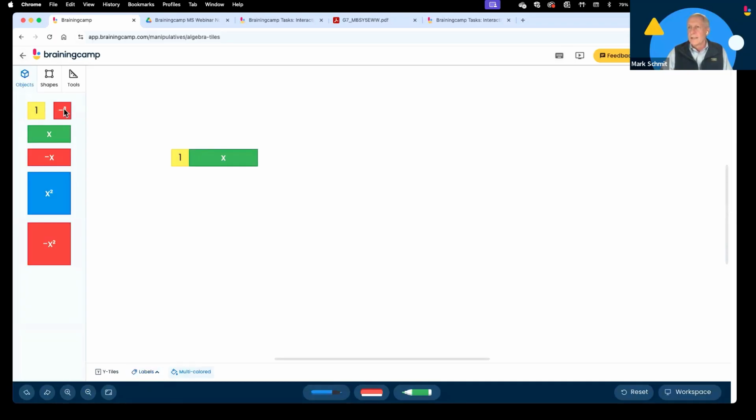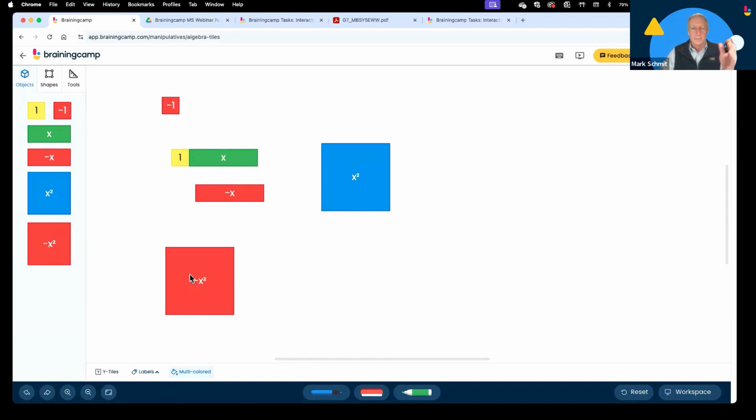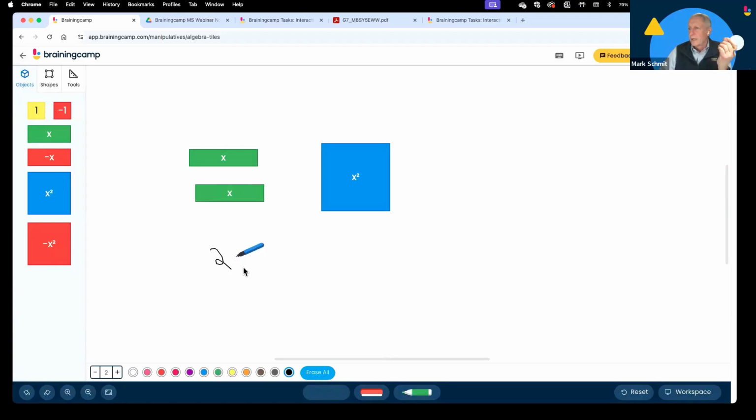And then we can talk about the additive inverses, and those are the red ones. We've got -1. We've got the opposite of X. We've got X squared, and we've got the opposite of X squared. What I like about algebra tiles, since it's an area-based model, is that I'm sure many of you have students who confuse or want to say that 2x and x squared are like terms.